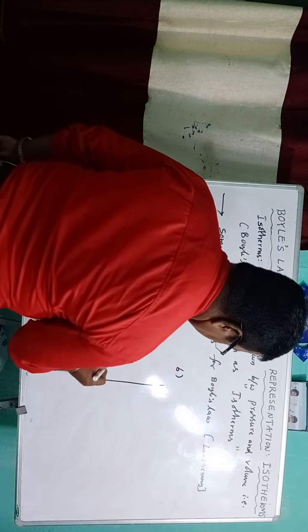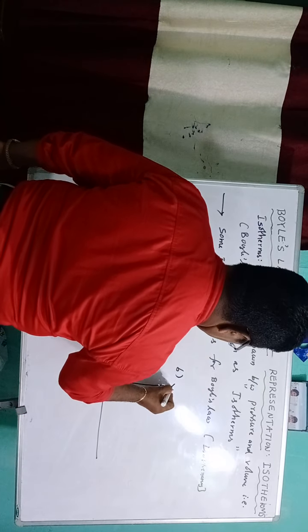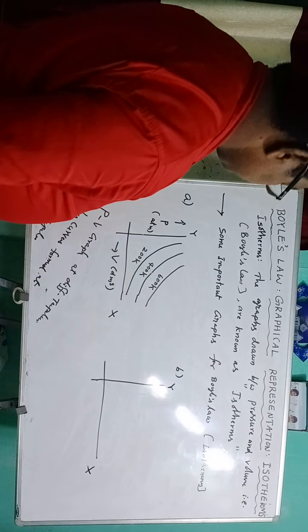So next one, B. This is the y-axis, this is the x-axis. On the y-axis we take pressure, on the x-axis we take 1 by V value or density.